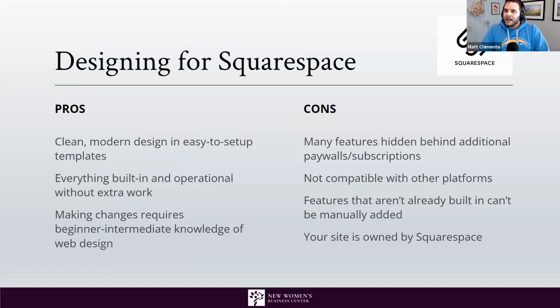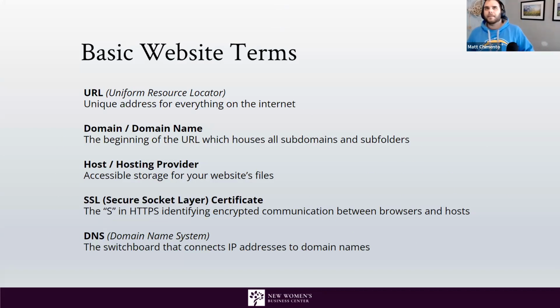Okay, the difference between a domain name and a business email. While we're on the topic, a business email uses the domain name in order to act as an email address. So you can get a free email on Google by using a Gmail account. Let's say Clarissa's biscuits at gmail.com.